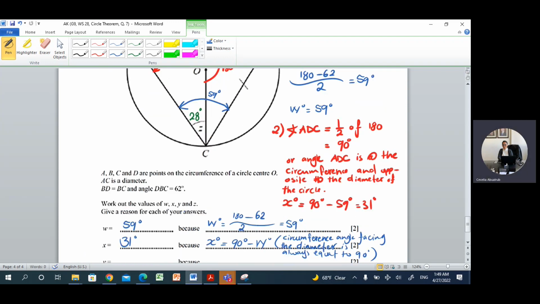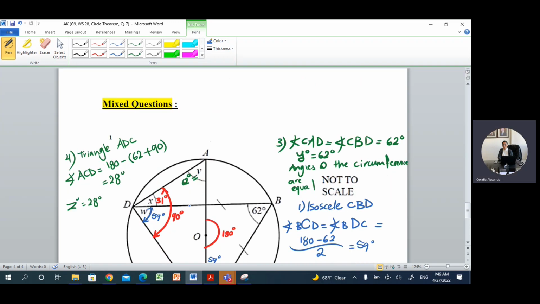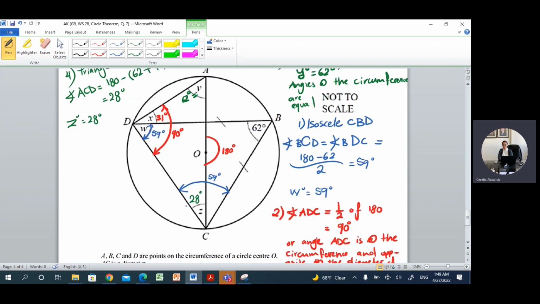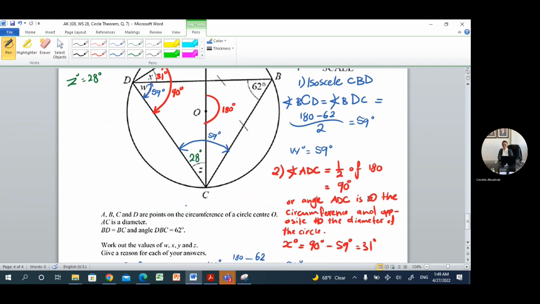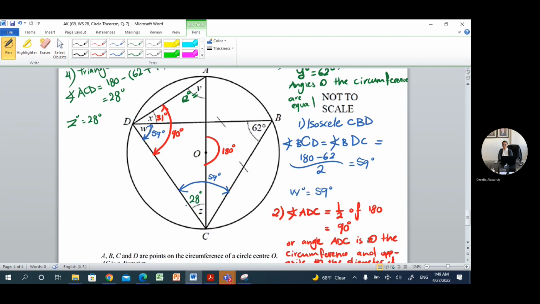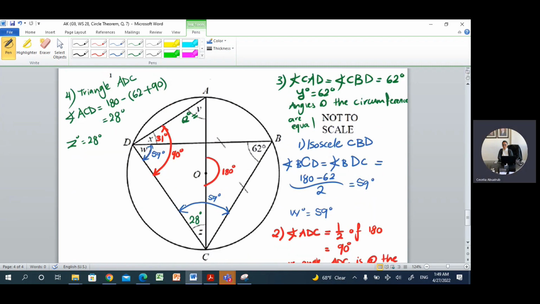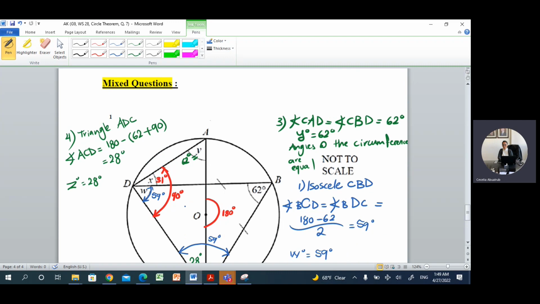And then Y is equal to 62. Where did we find Y is equal to 62?